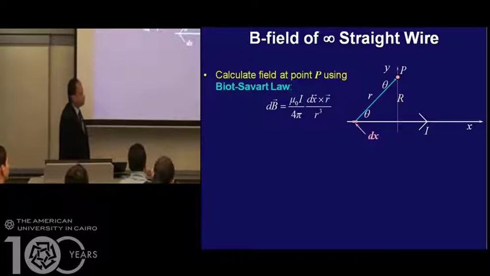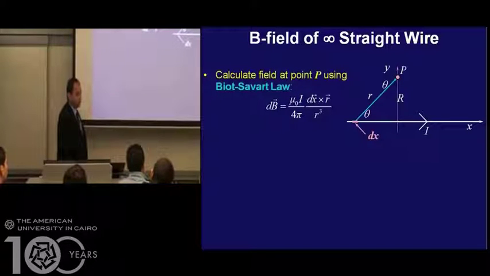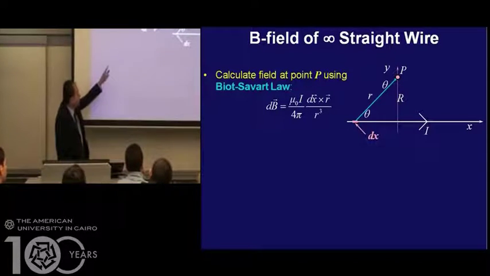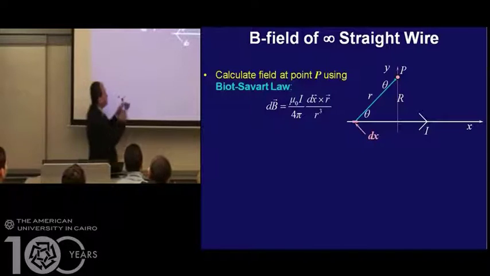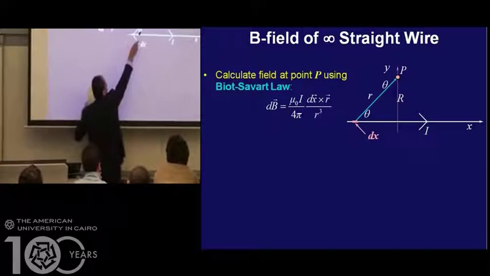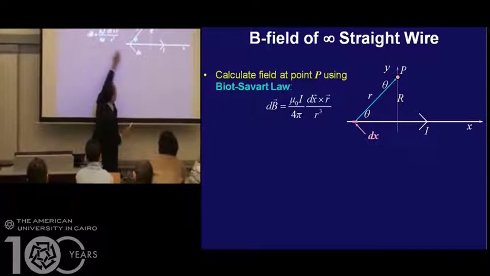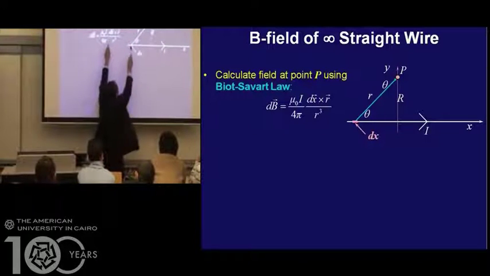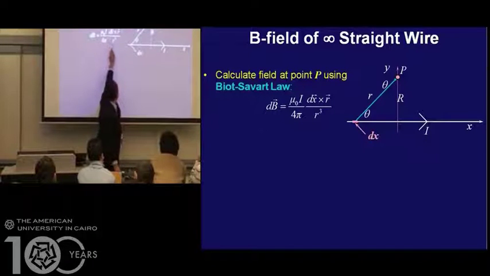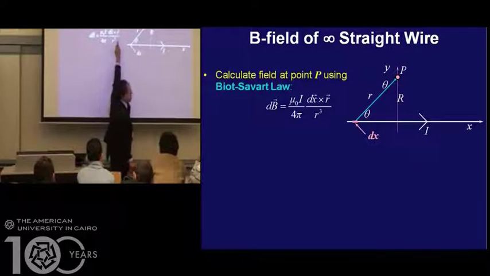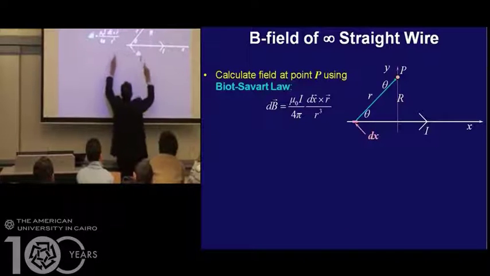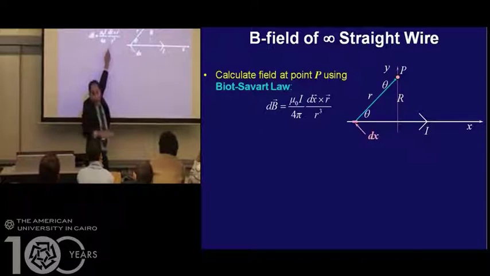So what should we do? We should apply the Biot-Savart law, which is dB, the magnetic field from that segment at that point, equal to mu 0 over 4 pi, that's a constant, times the magnitude of the current I, times dl, which in that case is the length of that segment, dx, cross r, that's vector r, divided by r cubed.